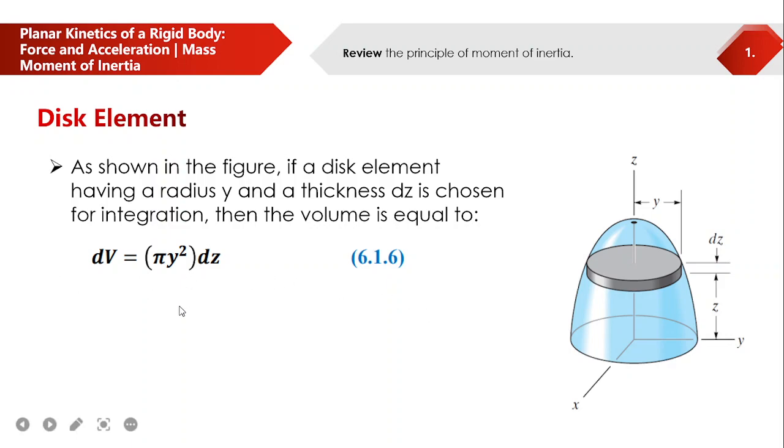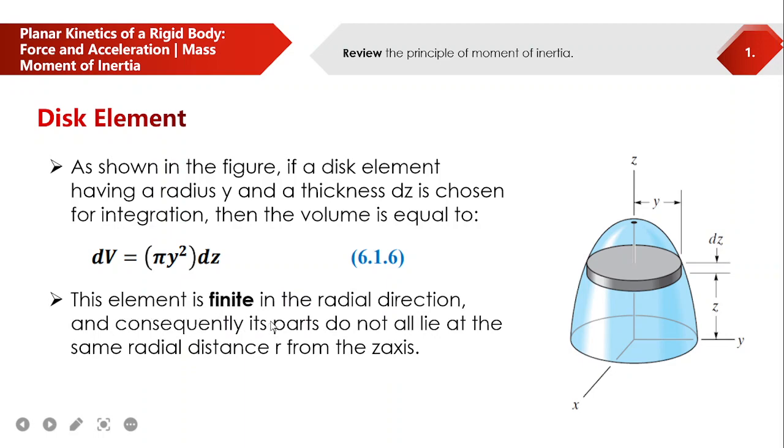For the whole body, this element is finite in the radial direction, and consequently its parts do not all lie at the same radial distance r from the z-axis. What does it mean? The radial distance is not constant. The radial distance is from the center to our element, and that will be your r.